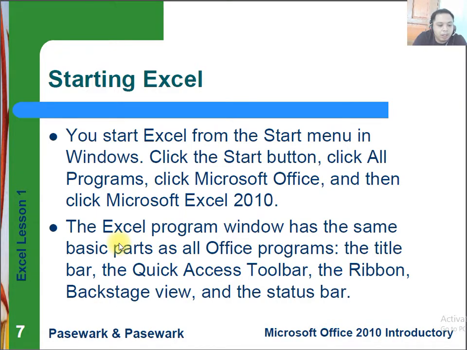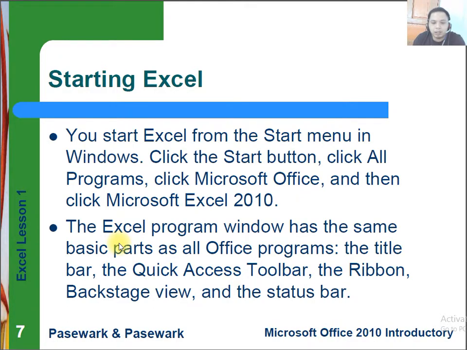You just press the start button on your keyboard. Okay, click start button, click all programs, you click Microsoft Office, then click Microsoft Excel 2010. Okay, so same lang din naman siya sa ibang application. Okay, or kung yung shortcut mismo ng Excel is nasa desktop na, is i-double click lang natin yung icon ng Microsoft Excel.